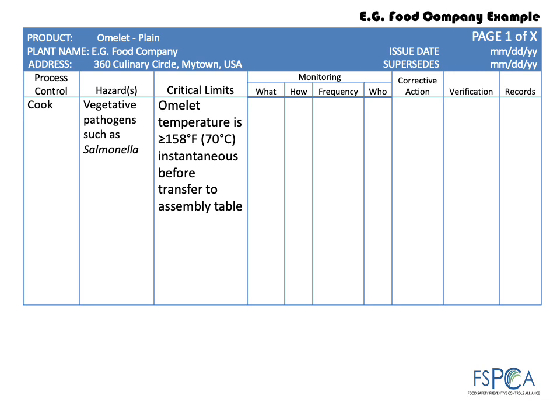This critical limit is entered in the process control form. It is essential that the critical limit selected actually controls the identified hazard. This requires application of science to validate that the control is effective. The process of validation is discussed further in Chapter 13, Verification and Validation Procedures, which includes an example of a validation study conducted for the E.G. Food Company.